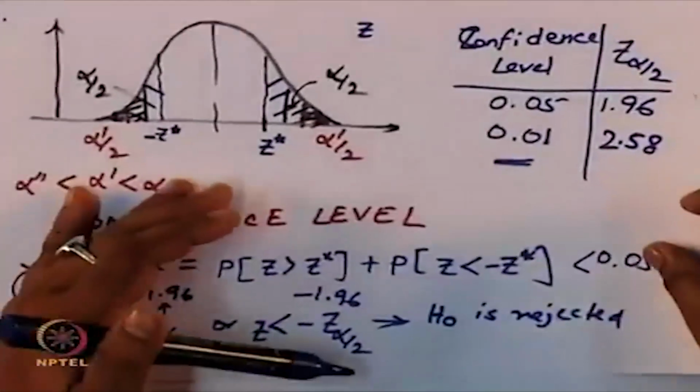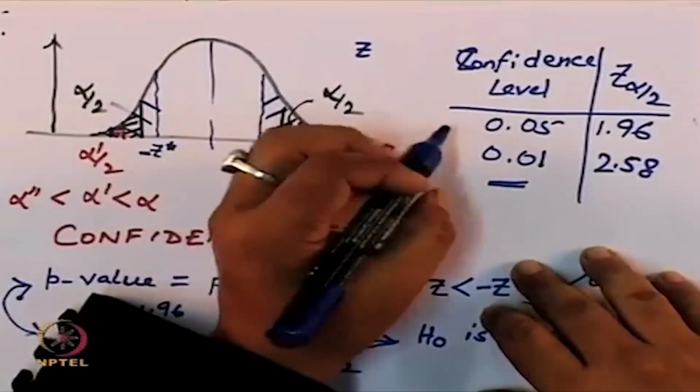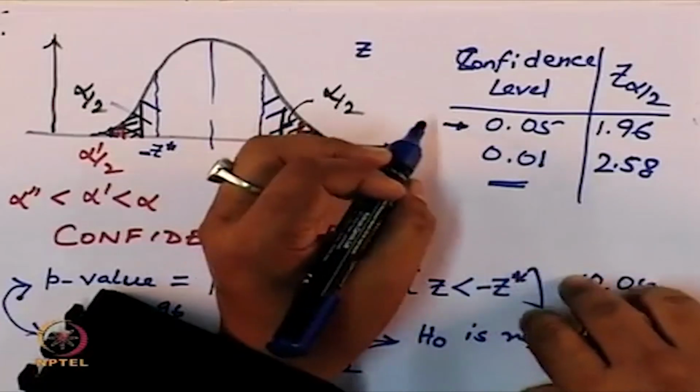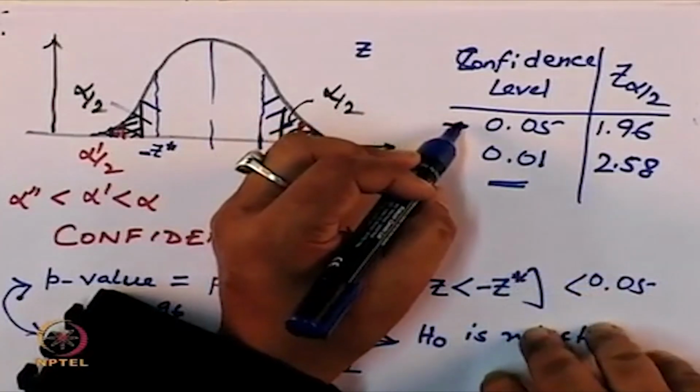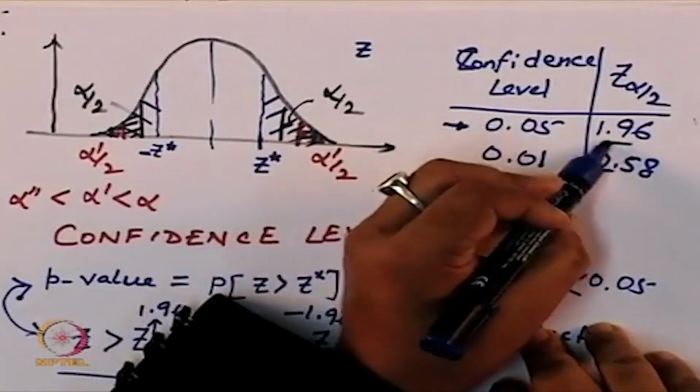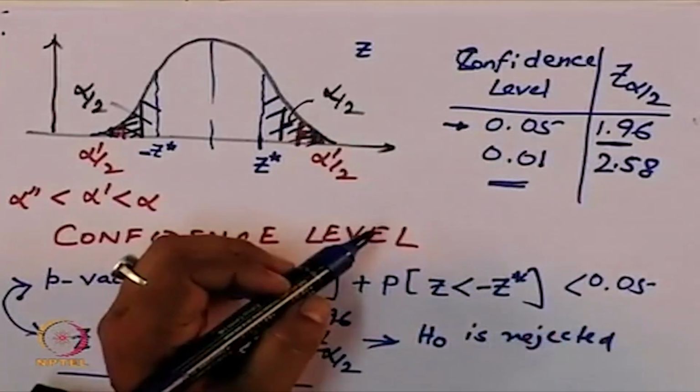For the two tail test, at the 5% level of significance, your Z alpha by 2 is 1.96.